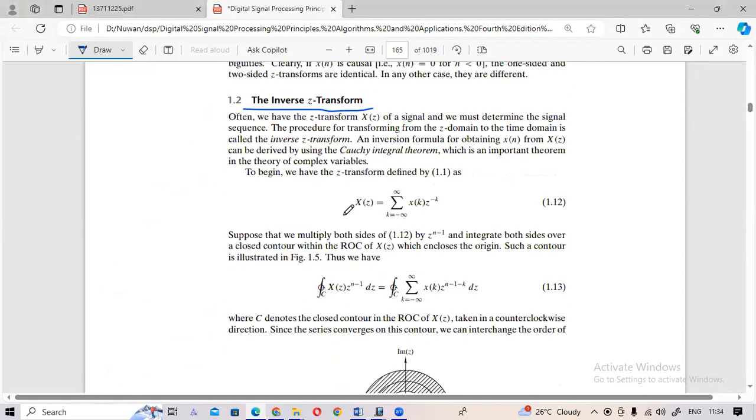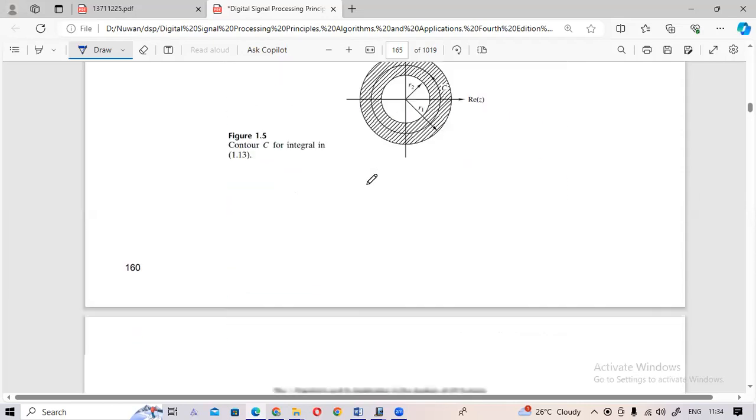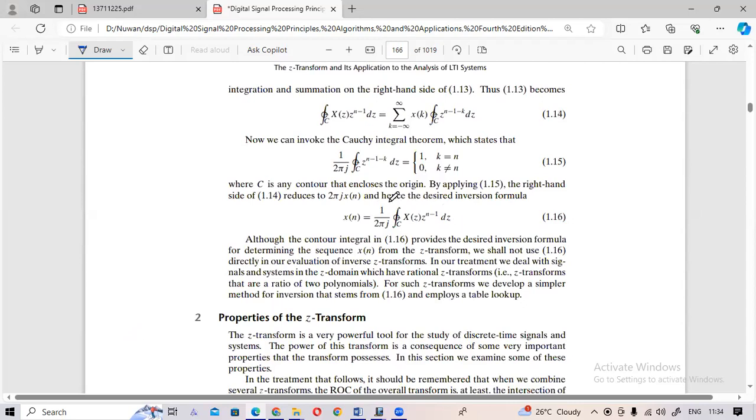This is the Z transform, and this one is the inverse Z transform. So you have a pair. The Z transform and the inverse Z transform give you an identity, and the inverse Z transform also gives you an identity.